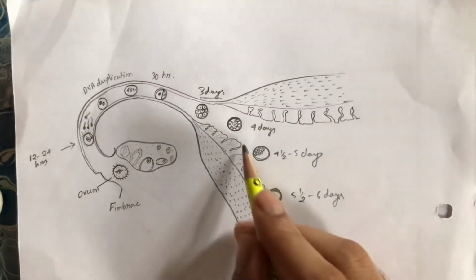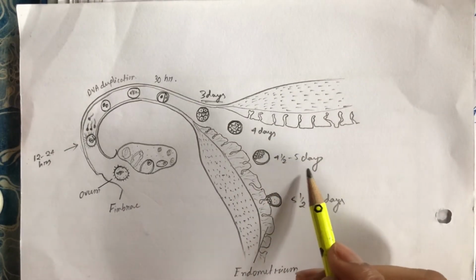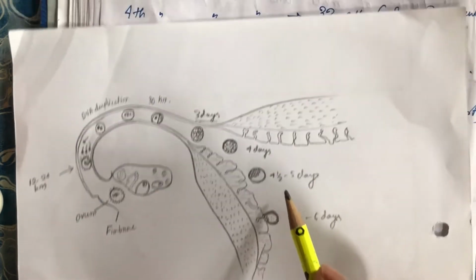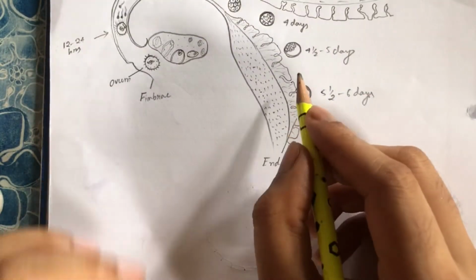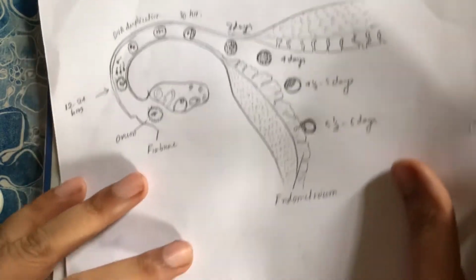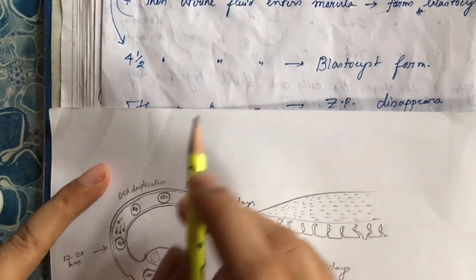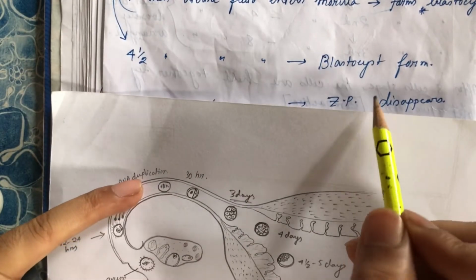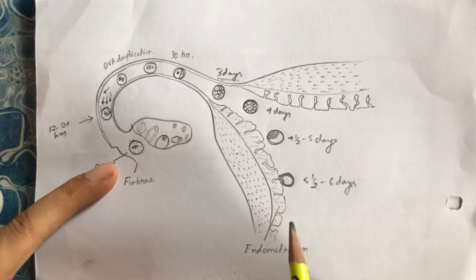The uterine fluids will enter into the morula, and the blastocyst will form. So after 4.5 days of fertilization, the blastocyst forms. This is called the blastocyst.